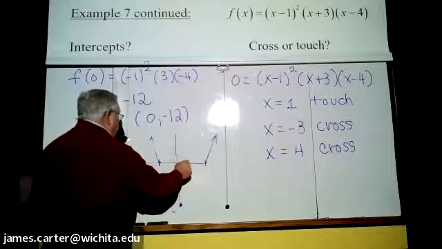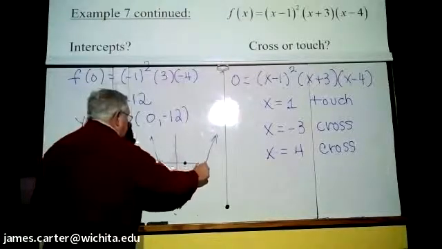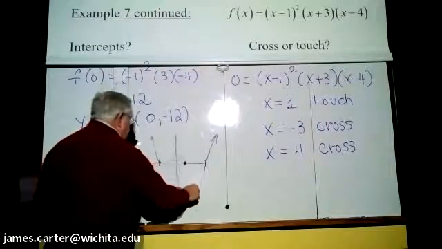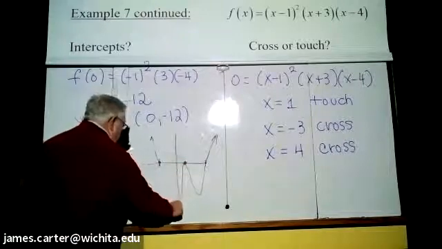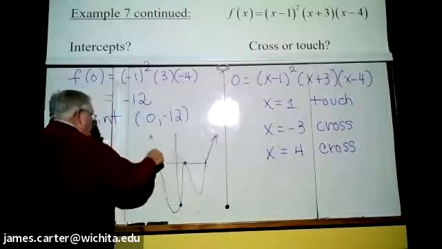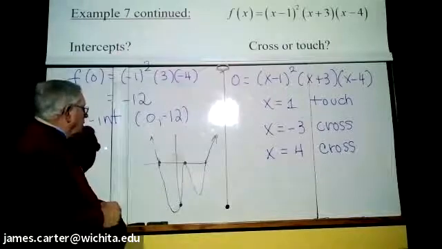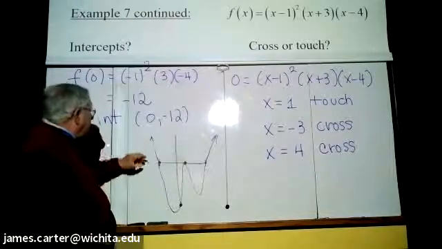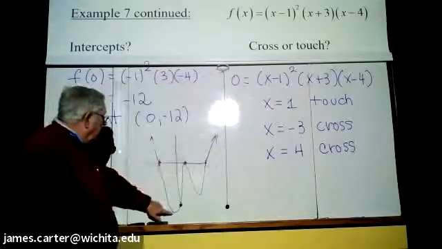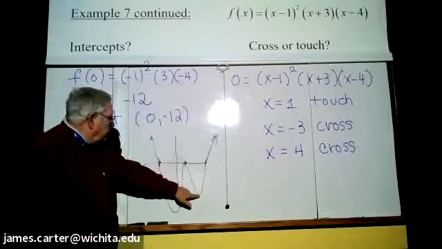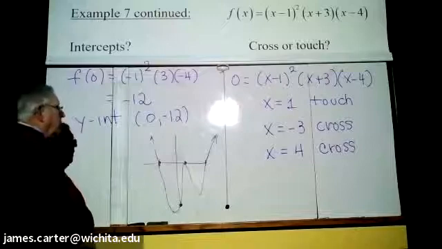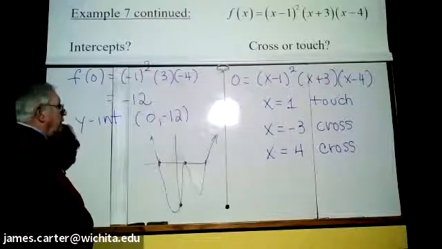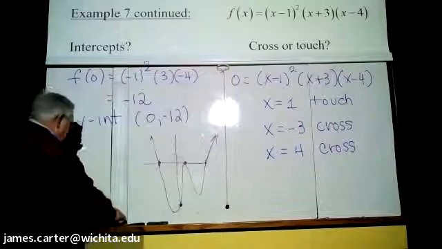We know that this one is a touch and go. So this thing's going to come down here some distance, come up, touch, come back down through here, and then up is what this one's going to be. Now, 4th degree, maximum of 1, 2, 3 turns. So that's what that graph would look like.